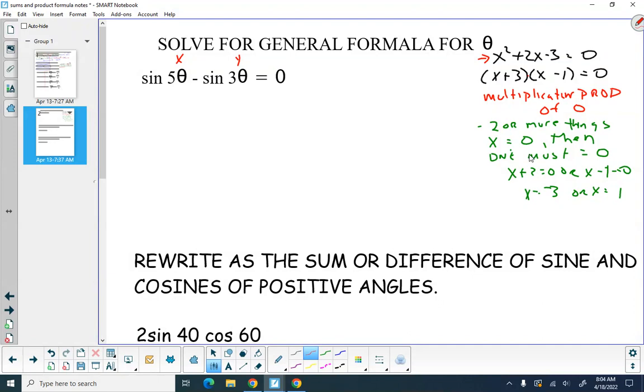So I looked through those 8 I just did. Now I'm looking for the sums and differences, which is on the left-hand side. Do I have somewhere a sine of x minus the sine of y? Yeah, there's one there. What's that equal to, Isaac?